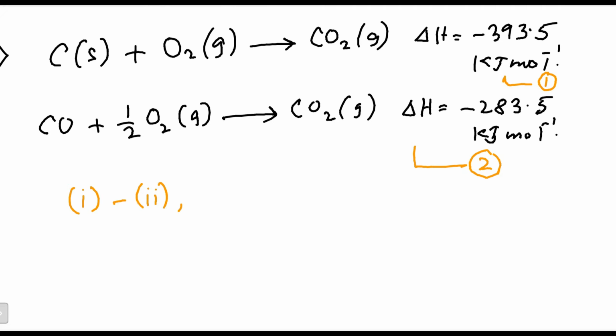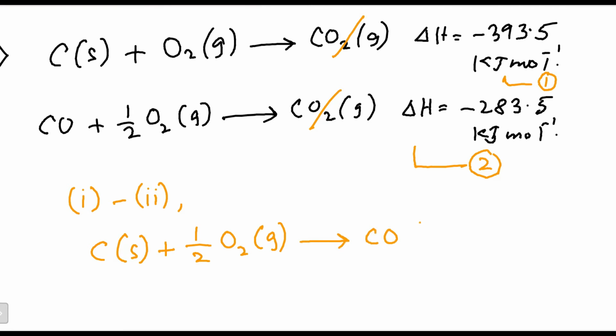If I subtract equation 2 from equation 1, the CO2 and CO2 will get cancelled for sure. So we will get C solid plus half O2 gives CO, because 1 minus half is half for oxygen.